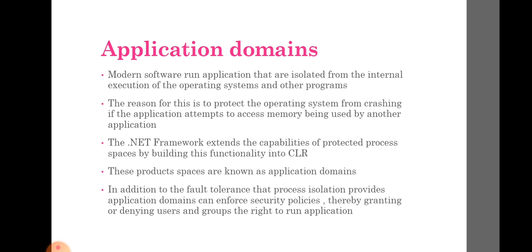For this reason, you need to protect the operating system from crashing if an application attempts to access memory which is being used by another application. For that, our .NET Framework extends the capabilities of protected process space by building this functionality into the CLR. This protected process space is named application domains.